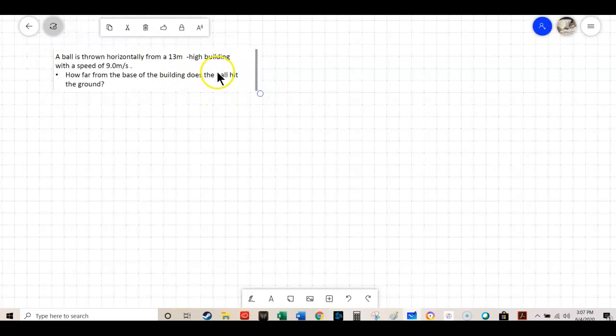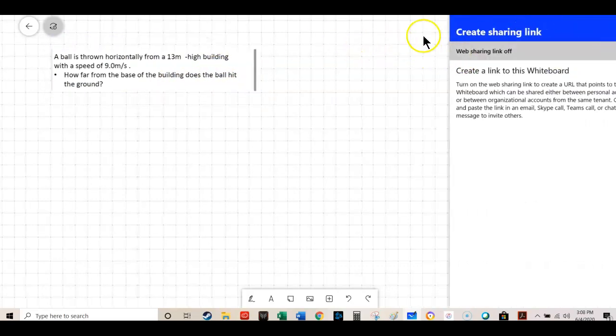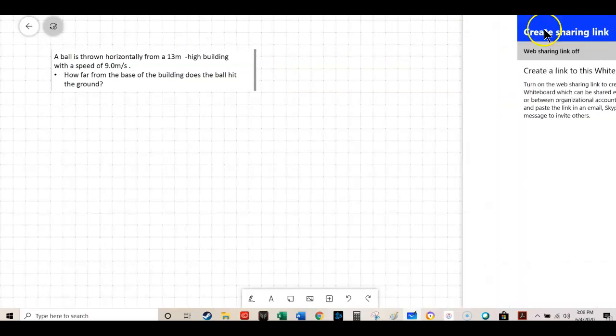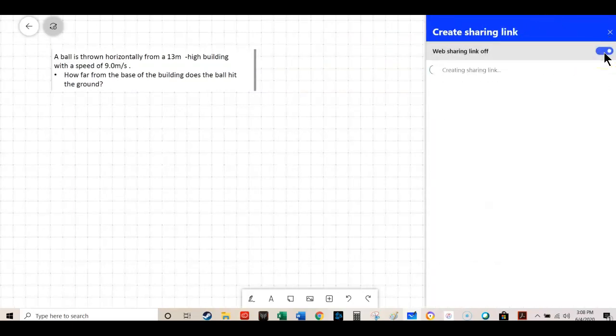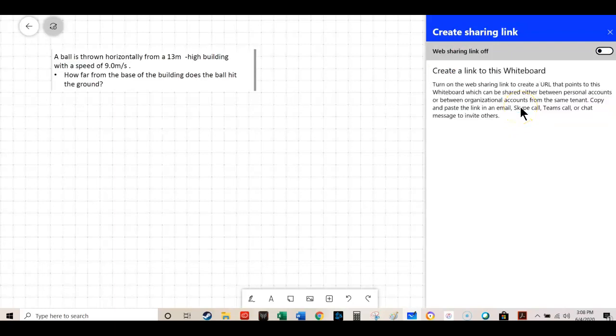Now, if I had any friends that I want to invite to this, you just click up here where the little person is, hit the plus button, and create a web sharing link. If you're doing Zoom or WebEx, you could copy this link and paste it into the Zoom IM, the little texting area on the right hand side of Zoom.